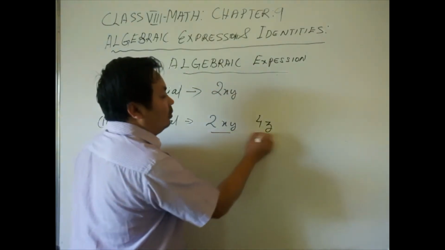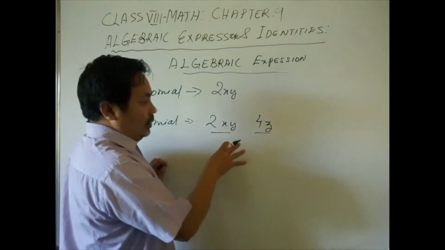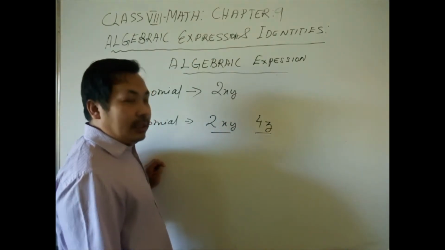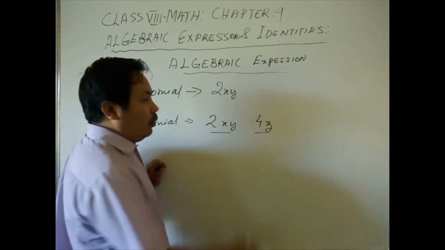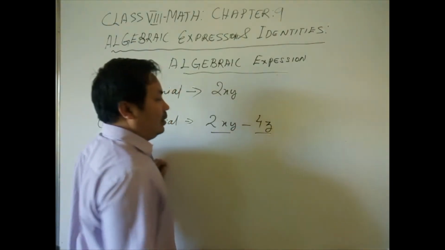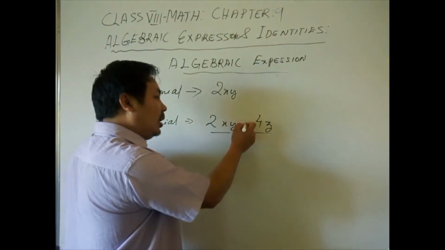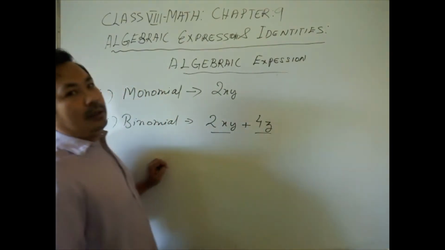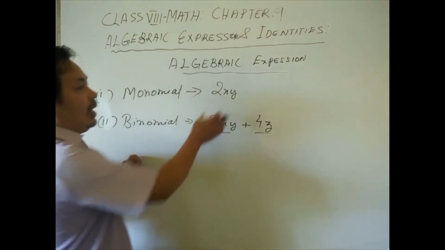So there are two terms. If there is no sign, we cannot say that there are two terms. But if there is a plus or minus between these two terms, then we can say there are separate terms. Otherwise, they are not separate terms.